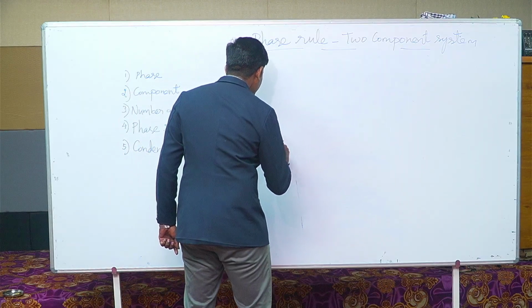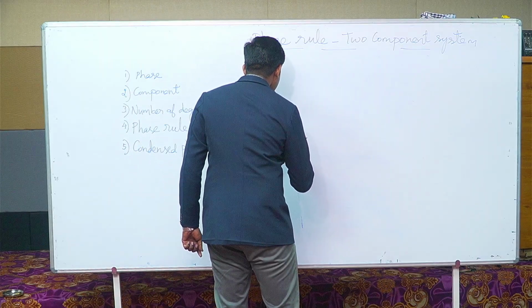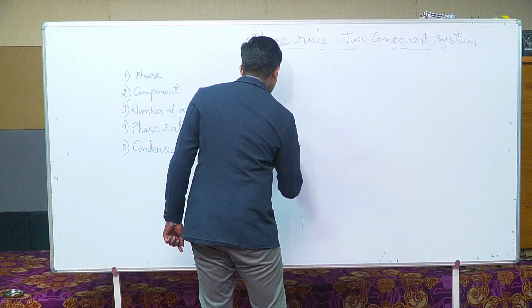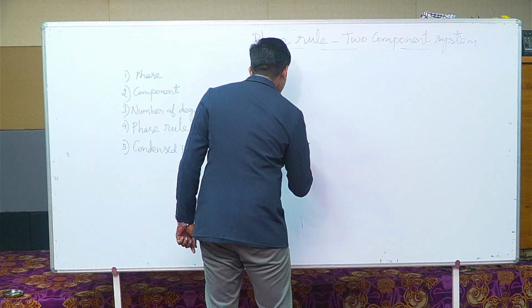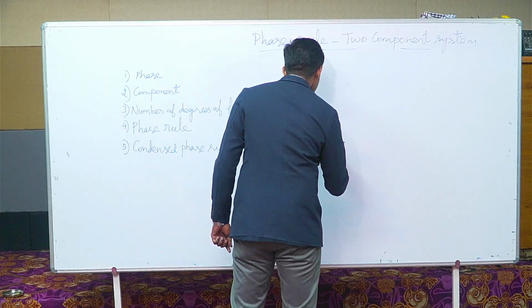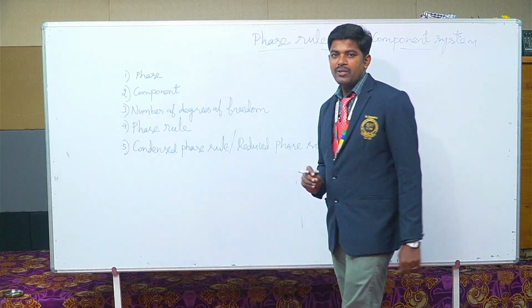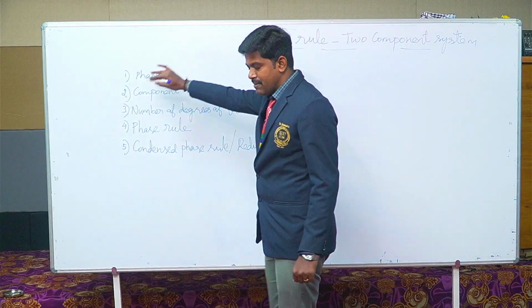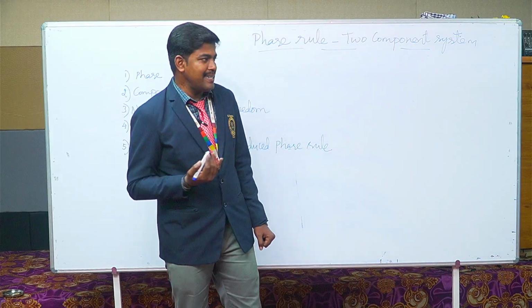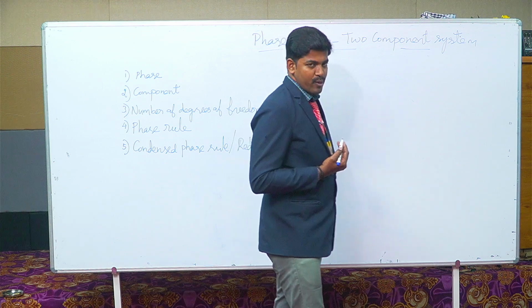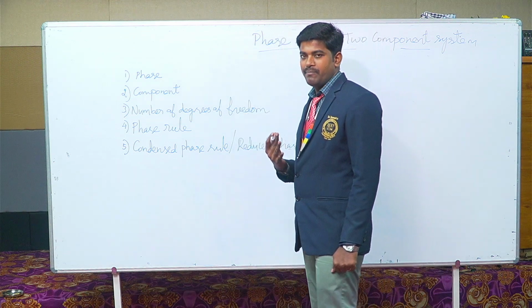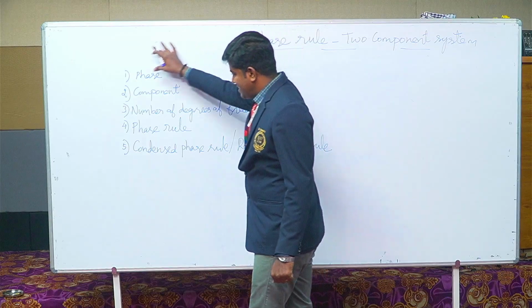The condensed phase rule, reduced phase rule. Now we will have an overview of these basic terms, because for understanding the construction of a two component system, the construction of a lead silver system, you should know these things.